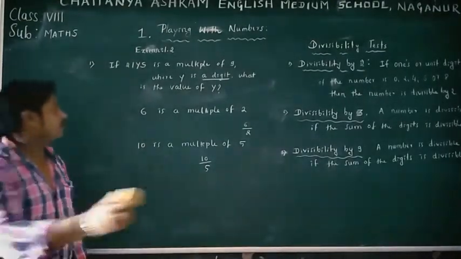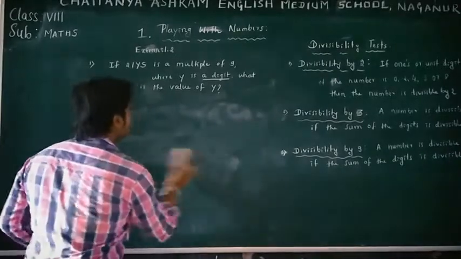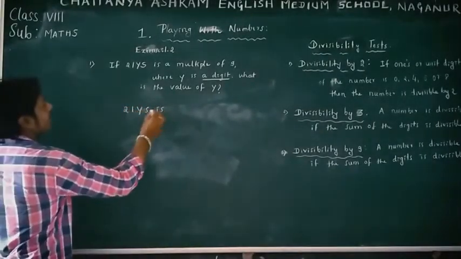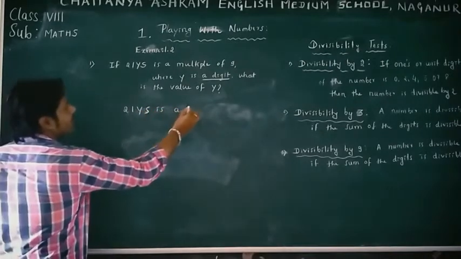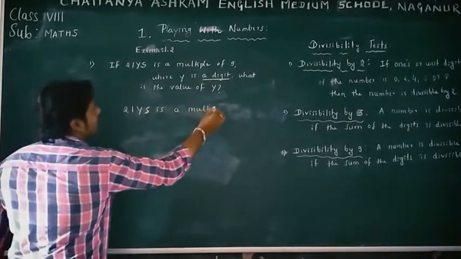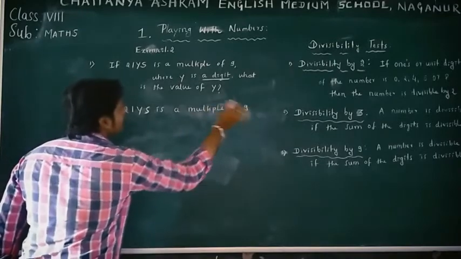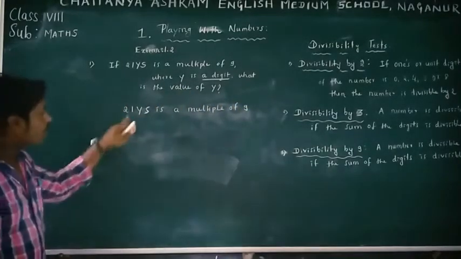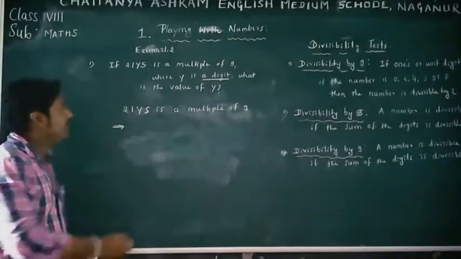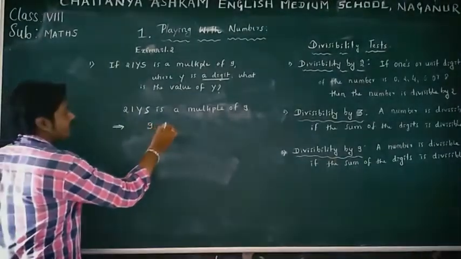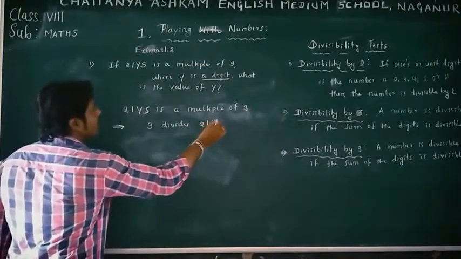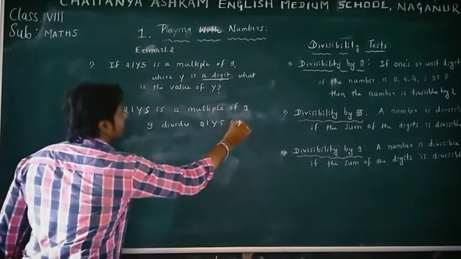So now observe, given 21y5 is a multiple of 9, which implies 9 divides 21y5 completely.